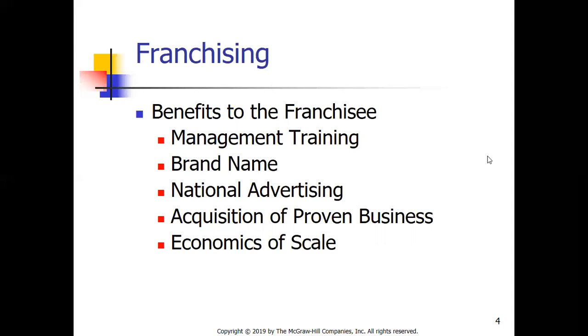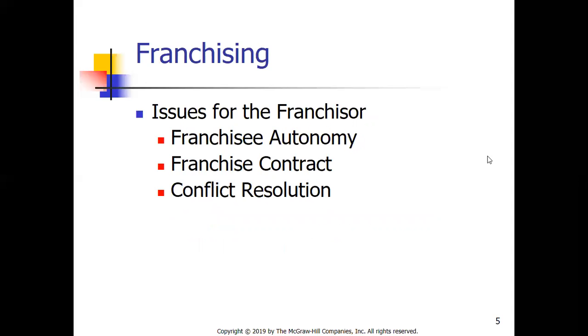At the same time, we also have issues, issues coming from the franchisor itself. Sometimes the franchisee autonomy. As a franchisee, sometimes your autonomy is limited, because the franchisor is really taking care of the quality and standard of the service delivery.